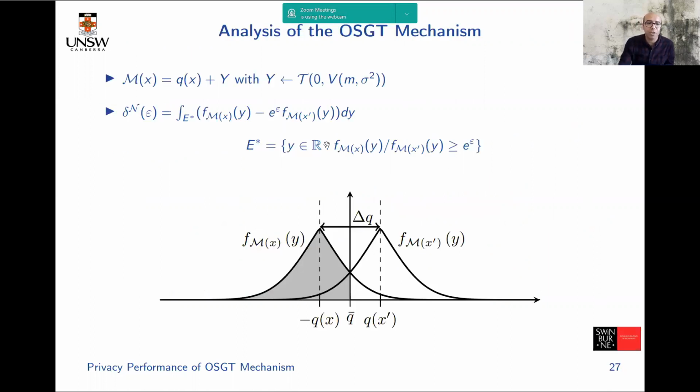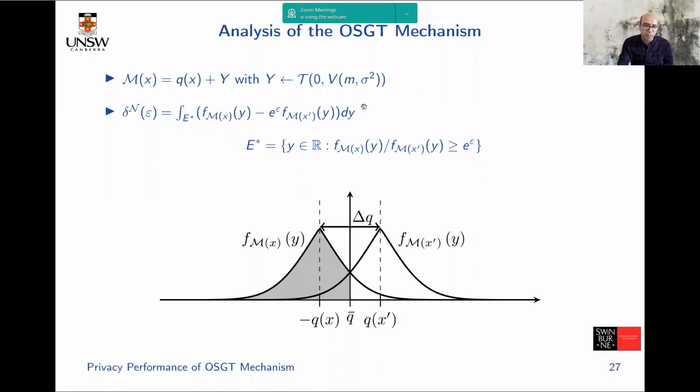we can say that the noise added to the query follows the OSGT distribution. So again, like Gaussian, we need to find the worst-case set of values of y such that the ratio of the probability density functions is bounded by e to the power of epsilon.